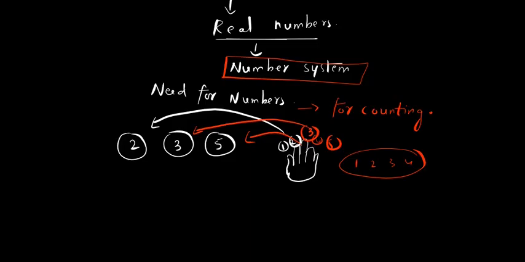By using these fingers they realized that they have only 10 fingers, one hand and another hand, both two hands. So in total, only 10 fingers they have.